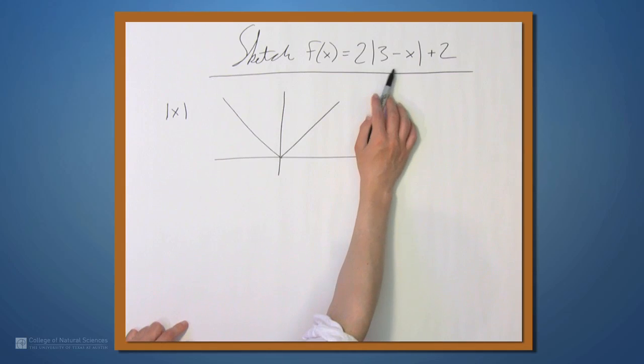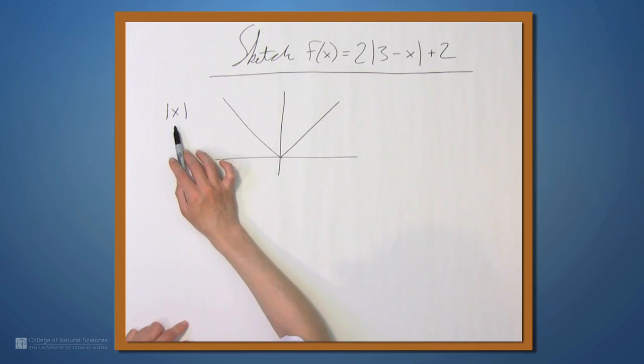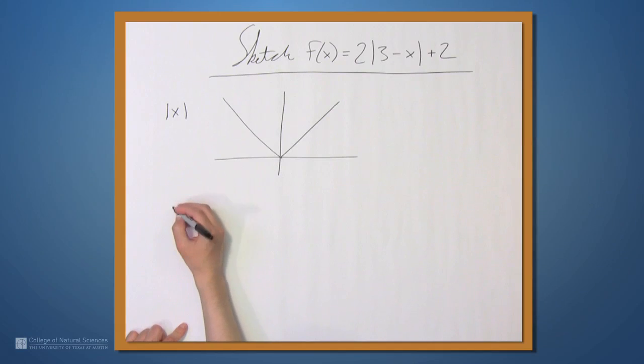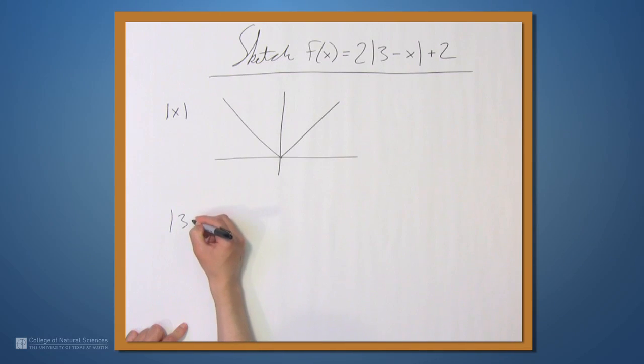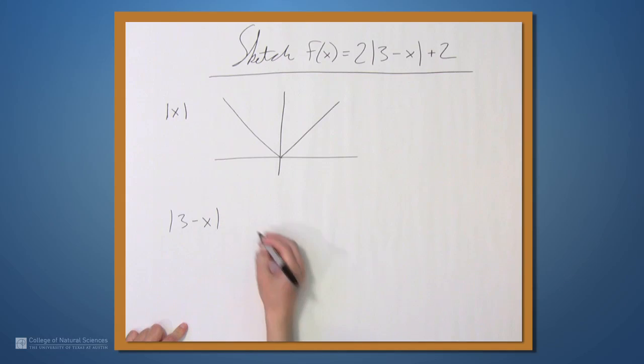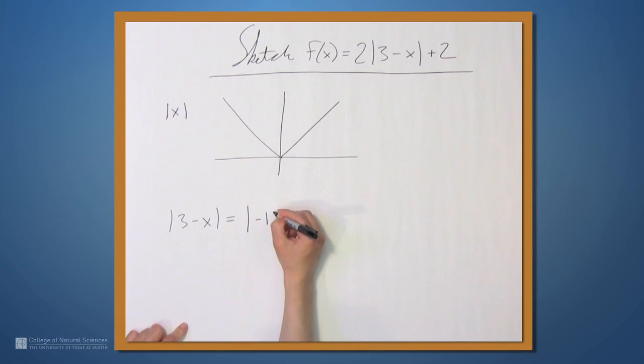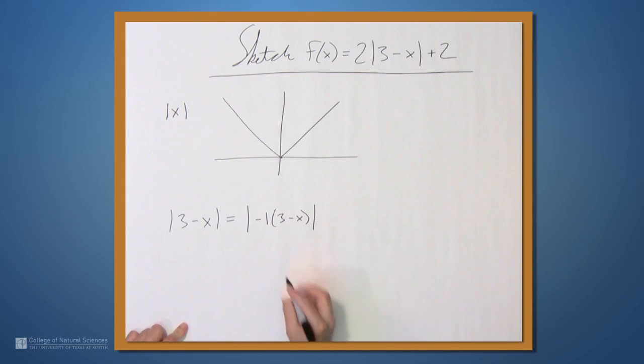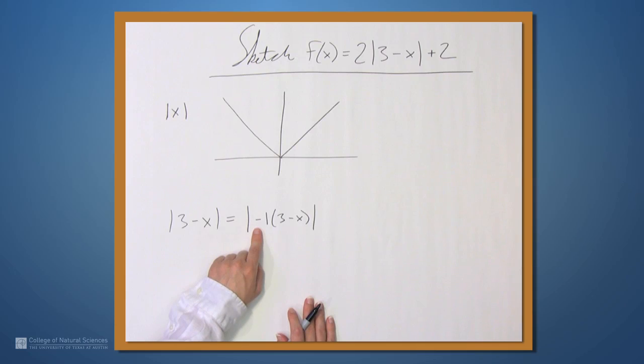So the first thing we want to do is change what's inside the absolute value to this 3 minus x. Now one thing to note, the absolute value of 3 minus x is the same thing as the absolute value of negative 1 times 3 minus x, right? Because when you take the absolute value, a negative doesn't matter.